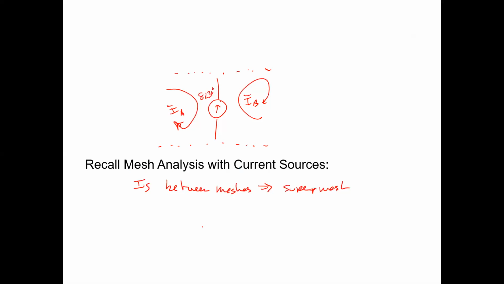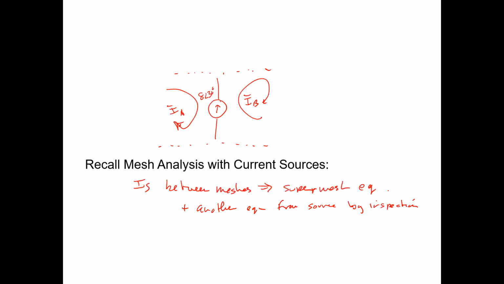So you do a super mesh equation plus another equation from the source, by inspection.